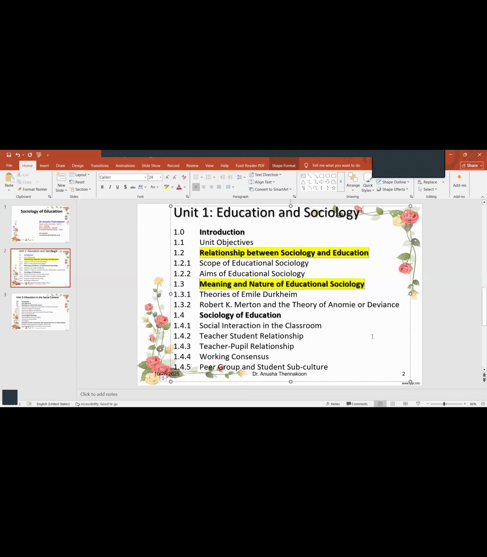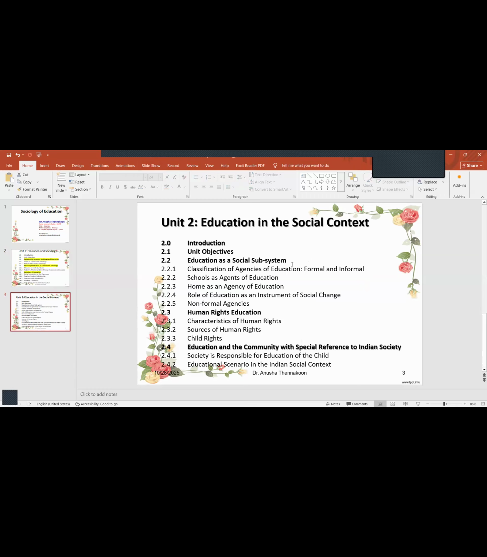So here, okay. So there are 1, 2, 3, 4, 5, 6. And that is how you have to recognize areas. So from all these 6 areas, there will be questions.